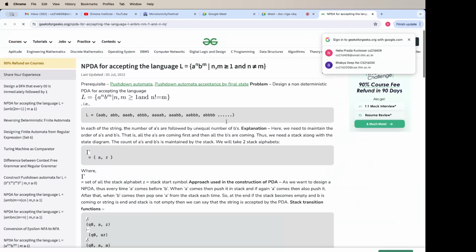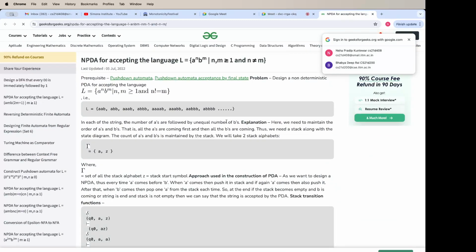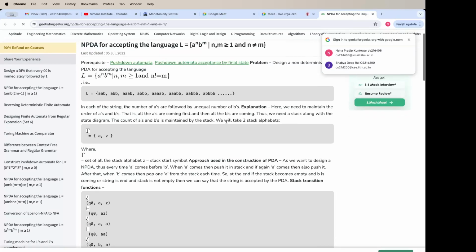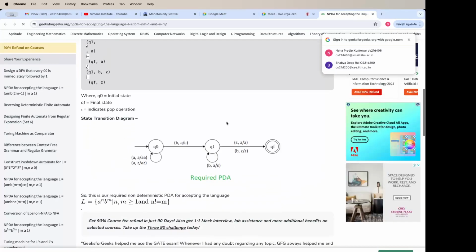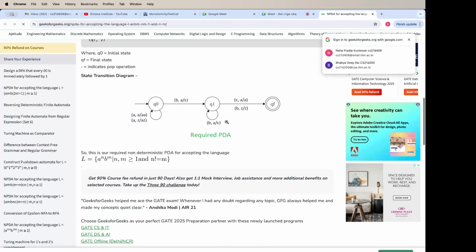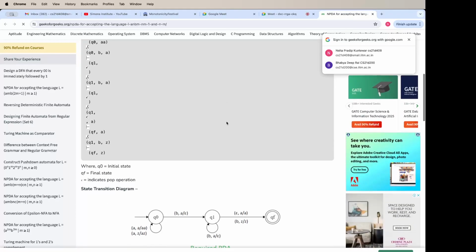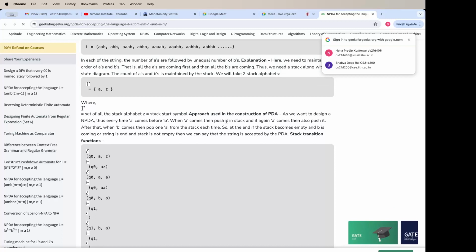This particular language, okay, I'll just check out this page where you have said this factorial, n factorial is equal to m. So at the end, if the stack becomes empty and B is coming, or the string is ended and the stack is not empty, then we can say that the string is accepted.